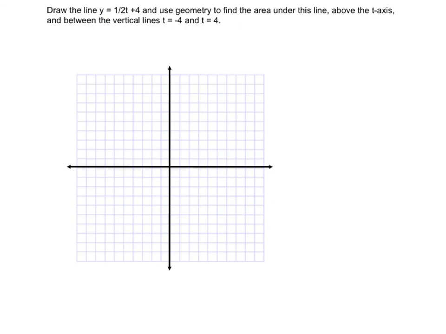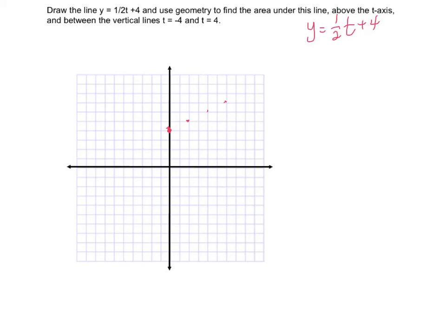So here's another problem. This is putting it all together. You're going to draw the line y equals 1/2 t plus 4. T is going to be instead of x. And use geometry to find the area under this line. So let's graph the line, 1, 2, 3, 4. The slope is 1 over 2, 1 over 2, 1 over 2.